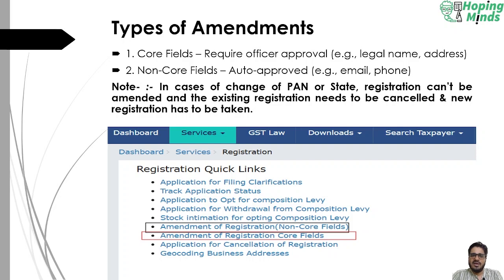Here we can see under the services head we have registration, and under registration we have the amendment links: amendment of registration non-core fields and amendment of registration core fields. So using these two options we can apply for amendments.